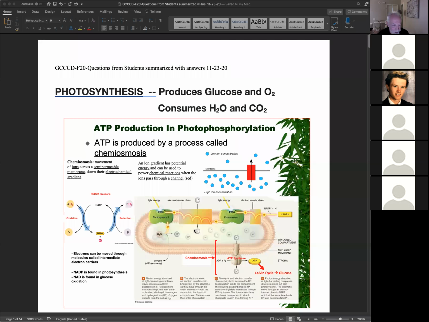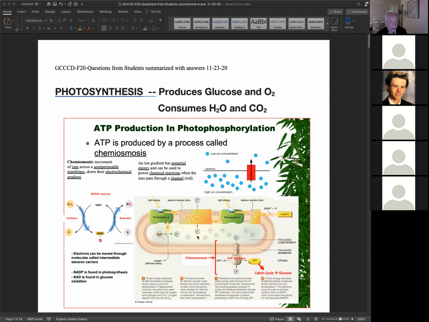So what's happening is that all of this is going on in the chloroplast, in the thylakoid membrane, which has within it the thylakoid compartment. So hydrogen ions, while all this is going on, are accumulating in the inner thylakoid compartment, which makes a gradient between inside the compartment and outside.